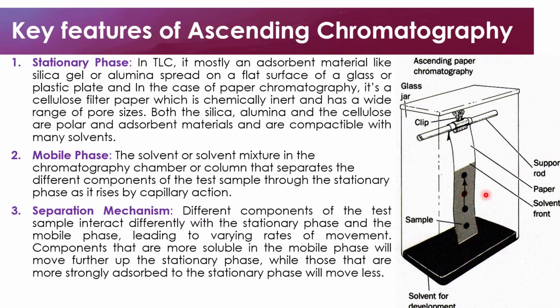If we look at this component being separated over here, we can say that it is more soluble in the mobile phase and therefore will move further on the stationary phase, whilst this component over here is adsorbed much more strongly to the stationary phase, hence will move less on the stationary phase.